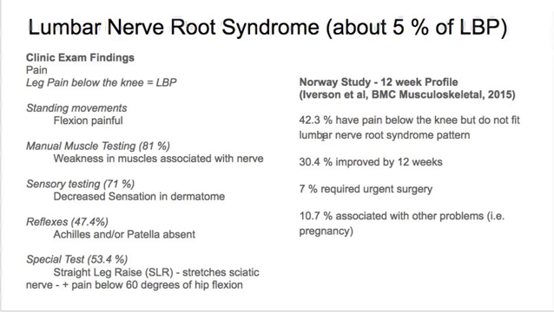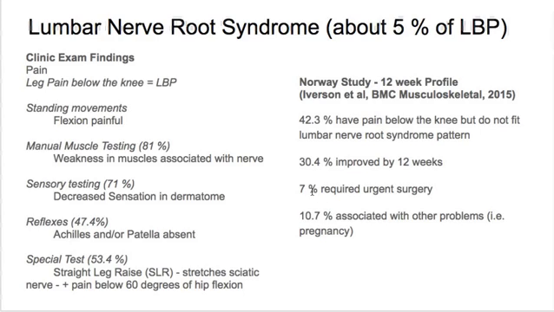Early prognosis and profiles of these people is interesting, where about 40% of people with leg pain below the knee didn't qualify as nerve root syndromes, essentially because their back pain was still way worse than their leg pain. About 30% of them improved significantly by 12 weeks.